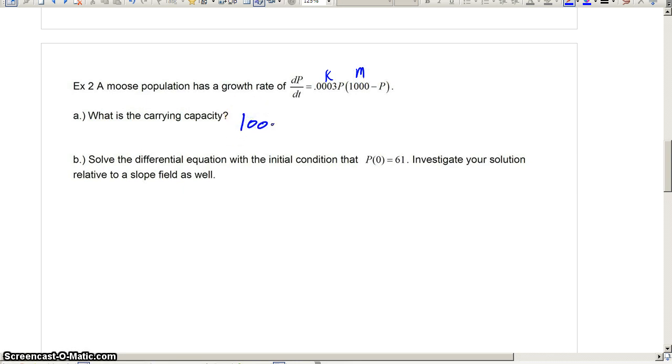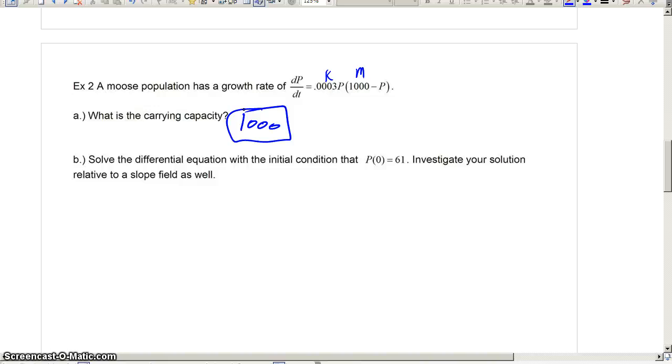Plain and simply, like a gift, we get 1,000. And by the way, if I were to ask, what is the moose population when the rate of change for the population with respect to time is greatest, it would be, of course, at half of this carrying capacity value, like we were just saying, at 500.